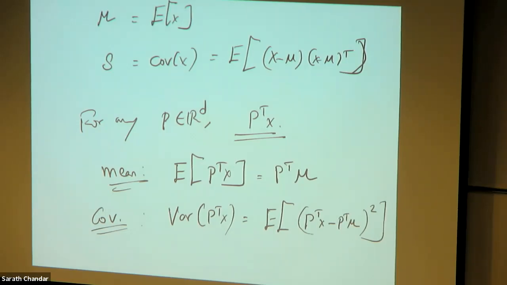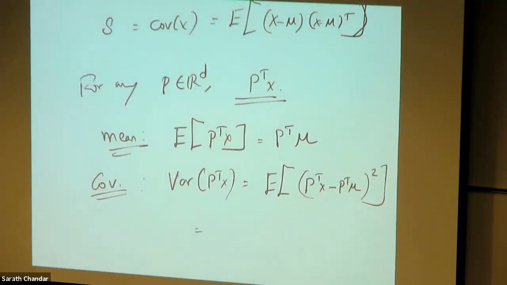This is just the standard formula for variance: x minus mu the whole square. My x is P transpose X, my mu is P transpose mu. Is it clear? Now I can expand this: the expected value of (P transpose (X minus mu)) times ((X minus mu) transpose P).